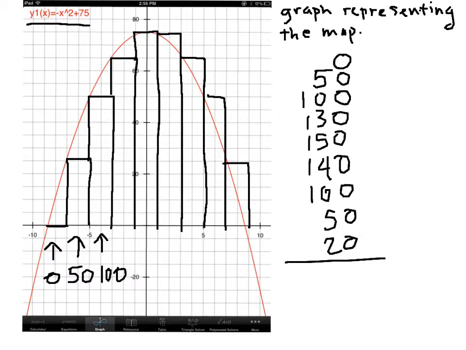Now the sum of this is 860. But we've got to remember our units, and that's going to be miles squared. So 860 miles squared represents the territory in which the pigs can build their house, which leads us to the next part of the story.